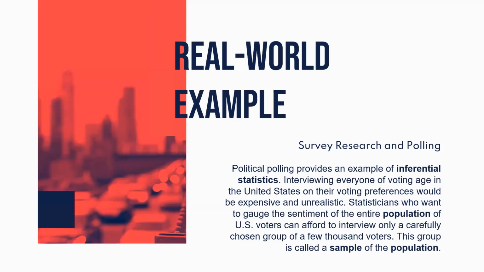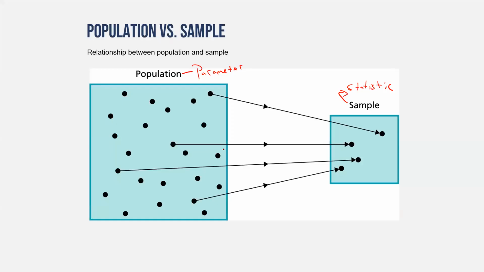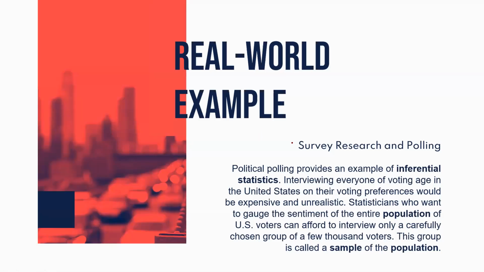Let me give you an actual real world example of this. A common way that you can see the subtle difference between these parameters and these statistics is in survey research and polling. Political polls, or polls in general, provide an example of what we call inferential statistics. Interviewing everyone at voting age in the United States on their voting preferences is expensive and unrealistic.